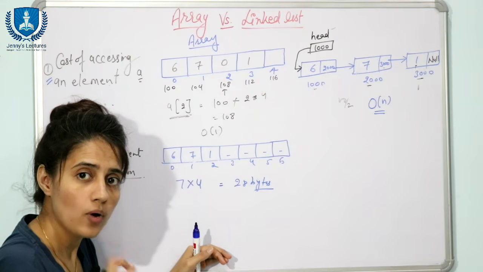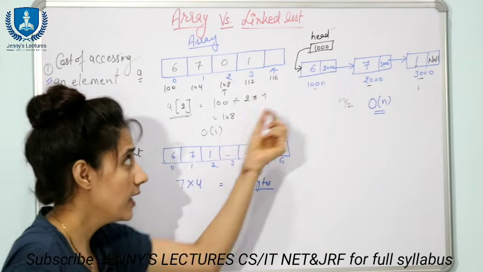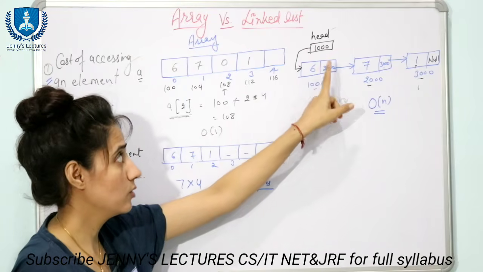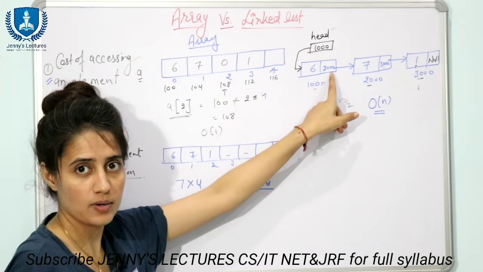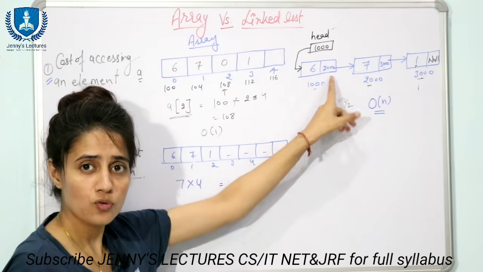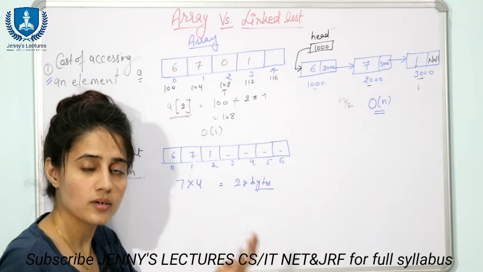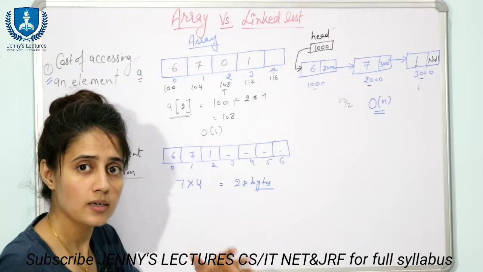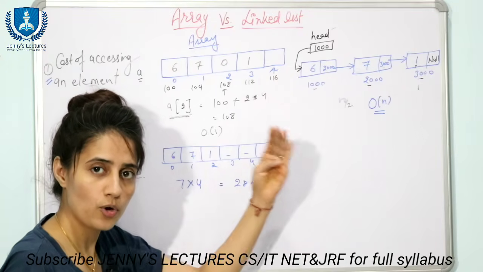So the memory requirement is how much? See, in the linked list, each node is going to take some extra space for storing the pointer variable. In a 32-bit compiler, the size of the pointer variable is 4 bytes. In a 64-bit compiler, it is going to take 8 bytes, right? So here I am taking 4 bytes for storing the pointer variable.